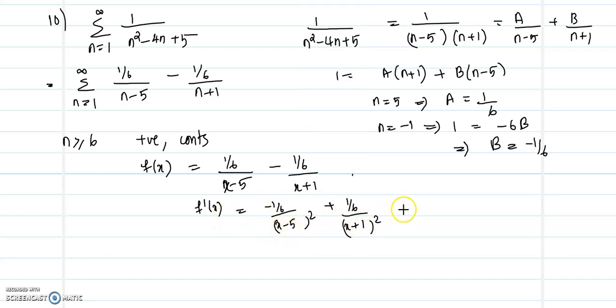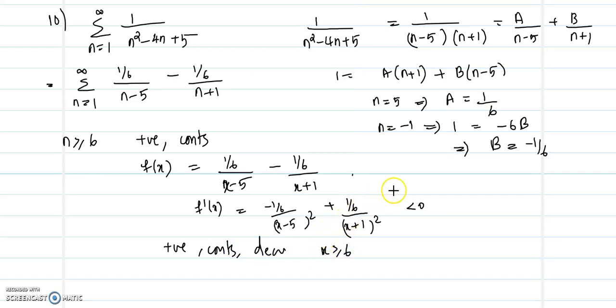So this quantity will be less than 0, so this is going to be negative. This has a lower value of denominator, so this will be the larger number compared to this. So f dash is less than 0. Therefore the function is positive, continuous and decreasing whenever x is greater than or equal to 6.